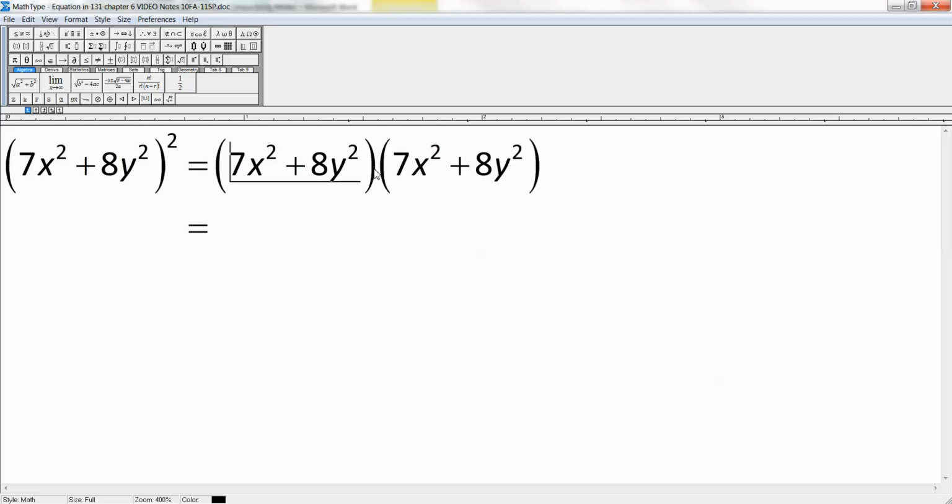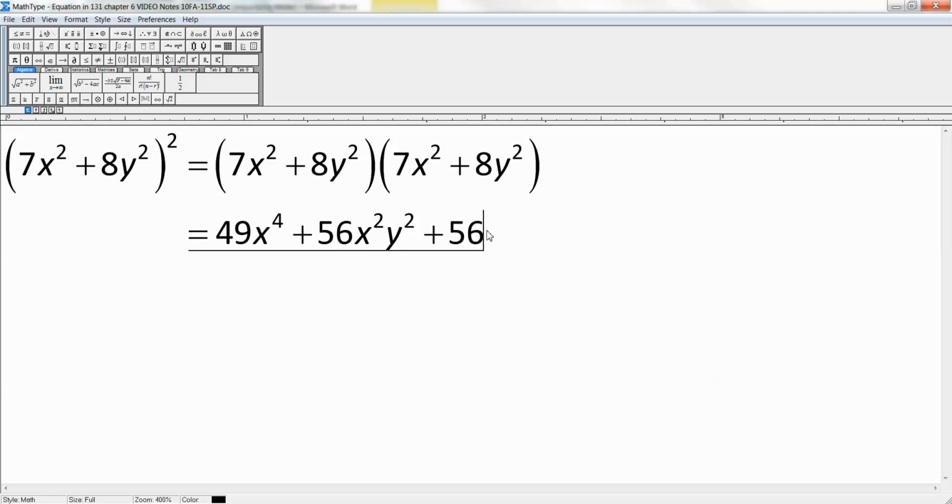All right, so 7 times 7 makes 49. X to the 2 times x to the 2, you add the powers and it becomes x to the 4. Plus, all right, now I'm going to take 7x squared times the back term, which is 7 times 8, which is 56, x squared y squared. Plus another 56, because I'm going to take 8 times 7 this time.